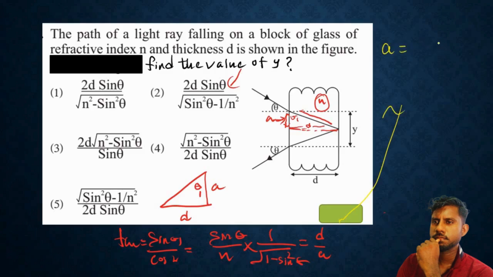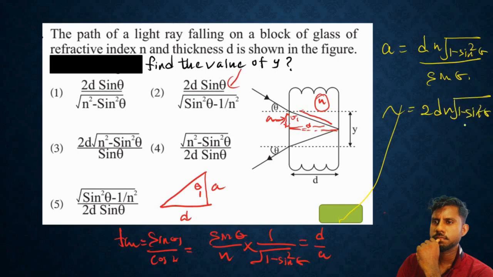So the value of A equals D into n root 1 minus sine squared theta divided by sine theta. Y is double the value of A, so its answer should be 2 D n root 1 minus sine squared theta over sine theta.